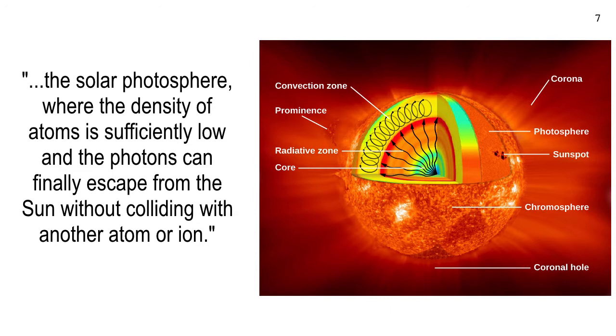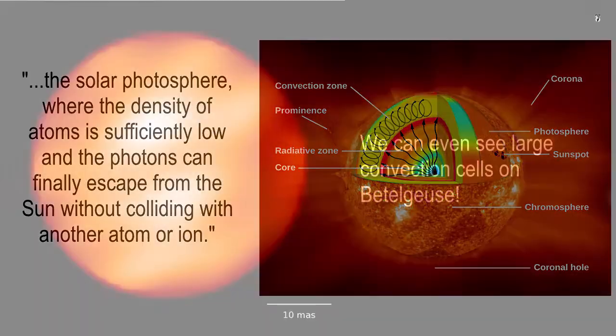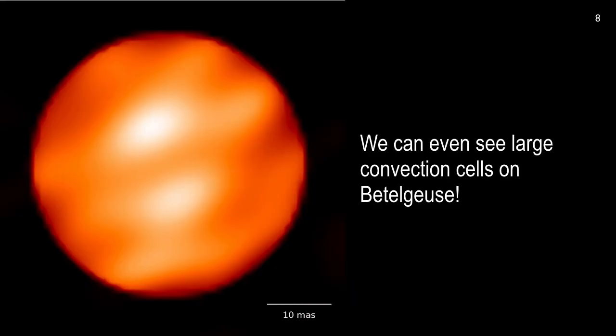All right. Now, another thing I want to emphasize with you in terms of convection is Betelgeuse. We can actually see convection cells on Betelgeuse, and this projector is rendering that image fairly well. You can see that some of it is brighter, almost white in color, and others are deeper towards the red.